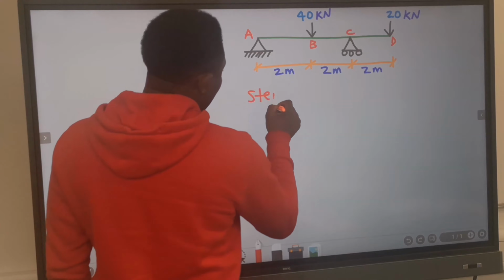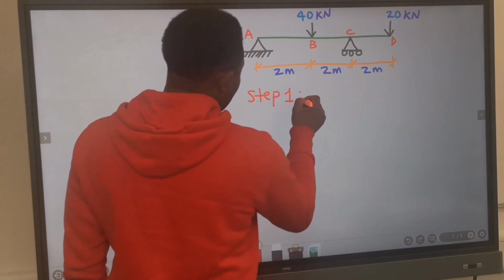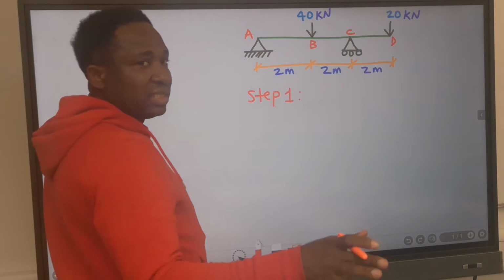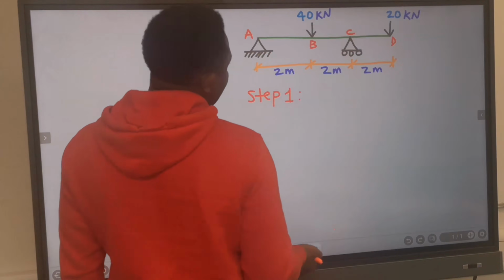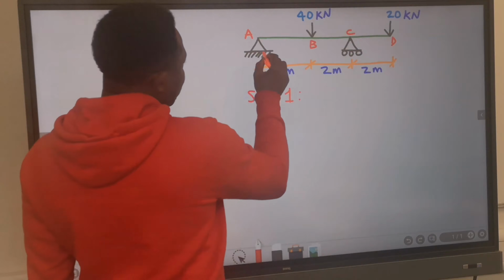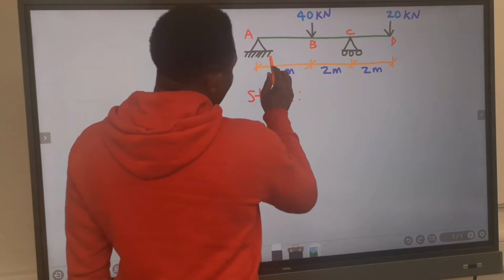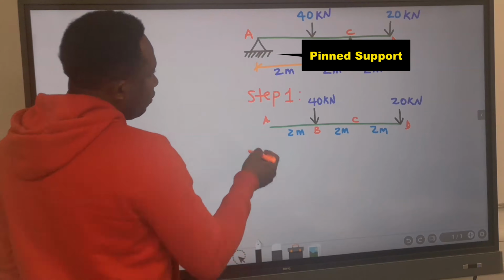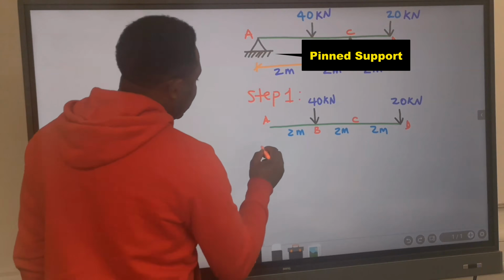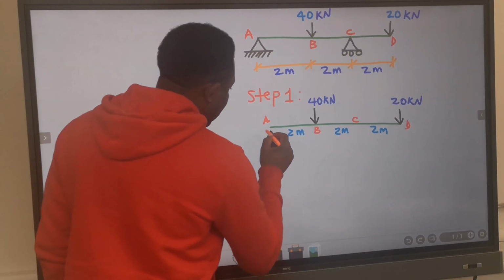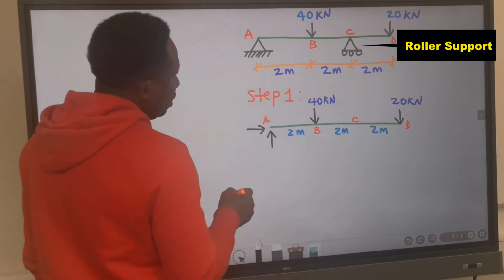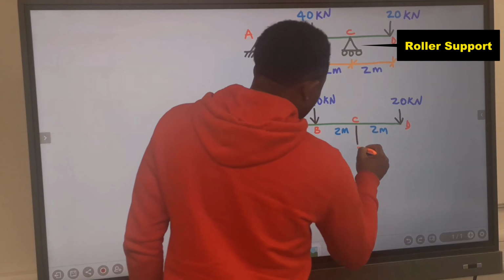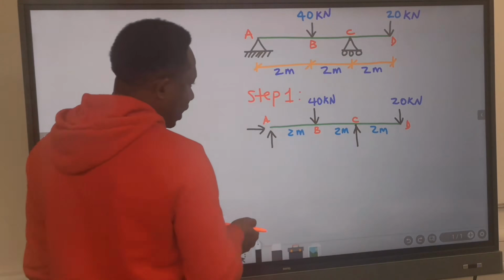We're going to draw the free body diagram for this question. That is, we're going to repeat this question and we're going to change the support with an arrow. For a pinned support, we're going to have 1, 2. And for a roller, we're going to have just only 1 arrow.